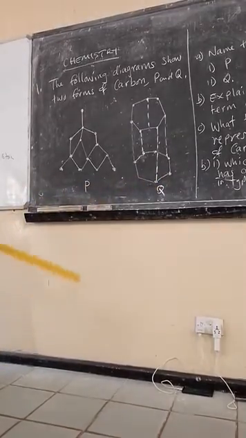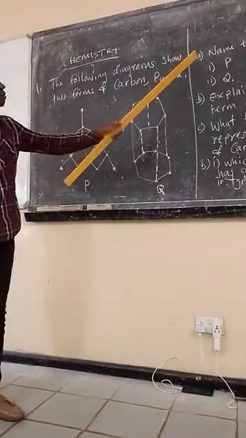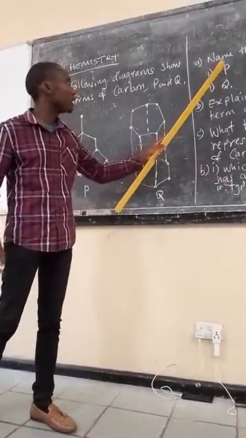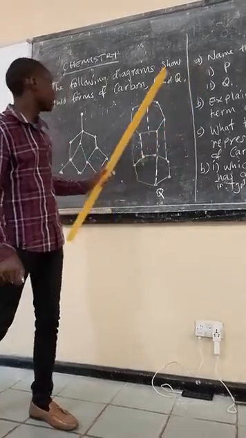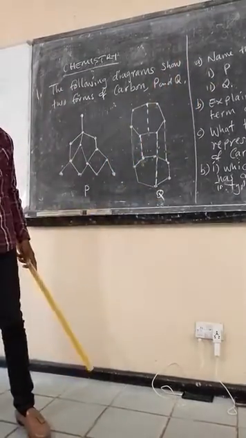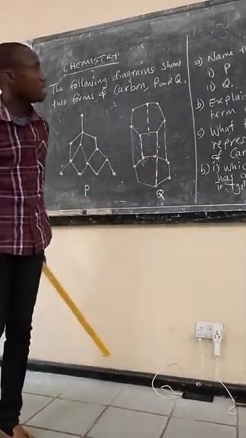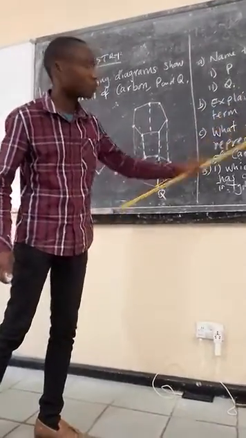Now, the questions which are there are, the first question, name the allotropes labeled P, which is this one, and the one labeled Q, which is this one. Then B, explain the meaning of the term allotrope.